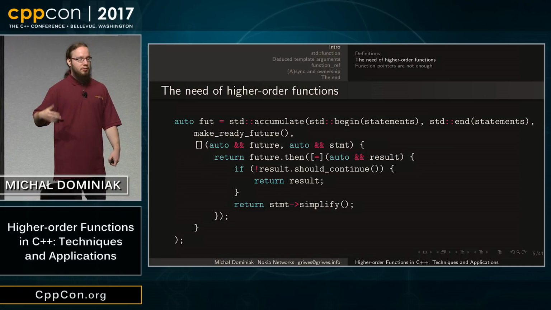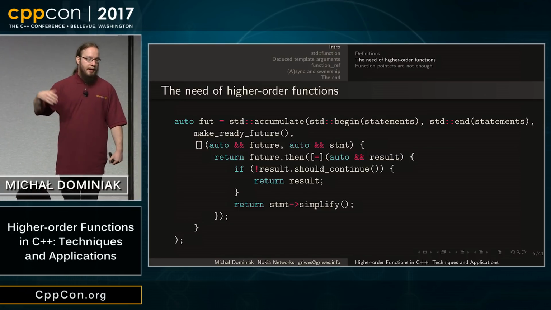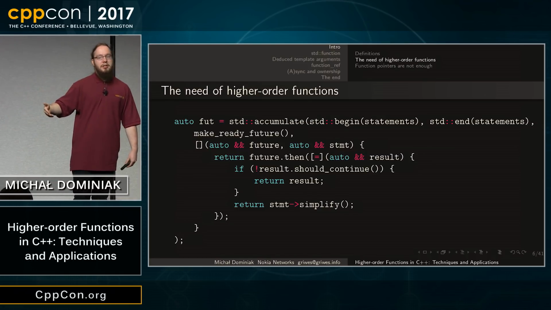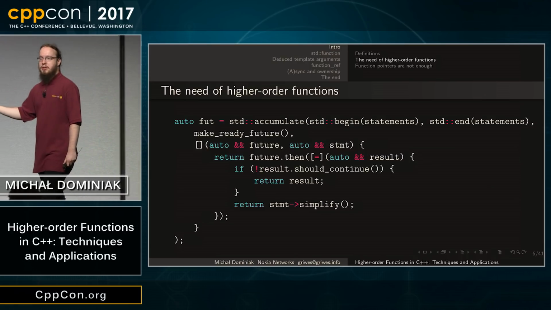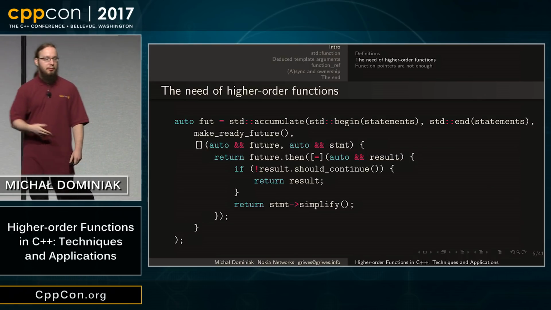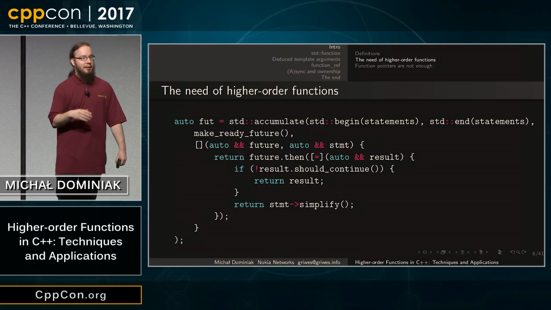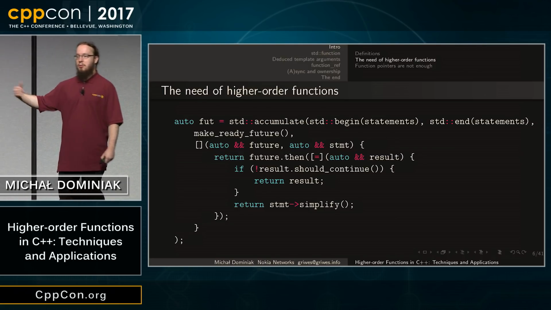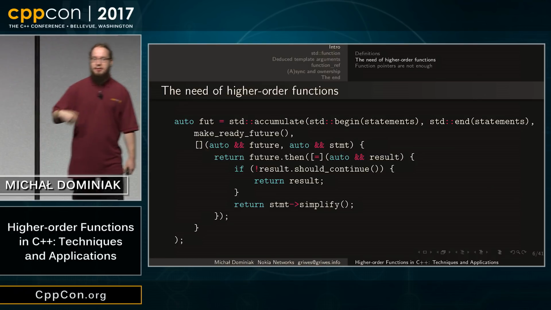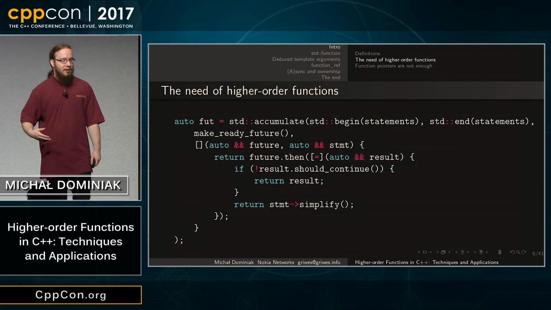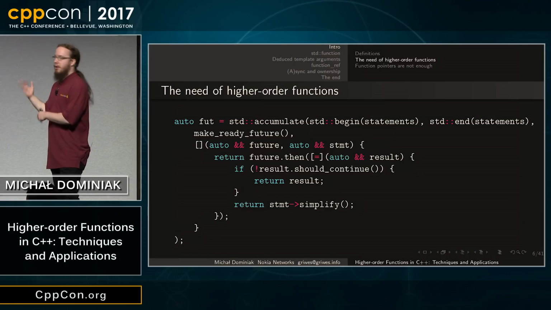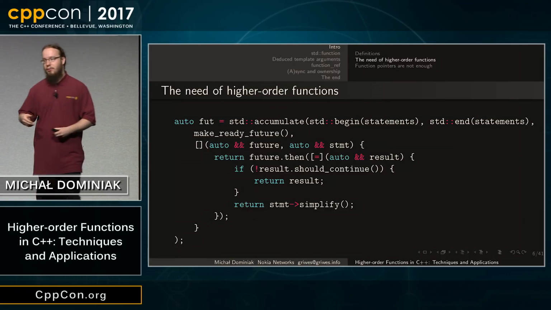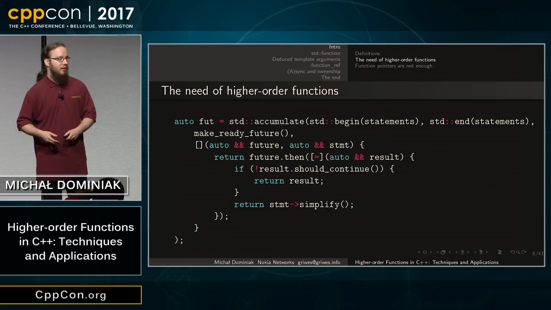Goes through statements in a function, and once it reaches, the idea is that once it reaches one that always returns, so either a return statement or a throw statement, something like this, it just doesn't do work anymore. Otherwise, it continues and optimizes every other statement. So I don't know how to write this if I couldn't pass functions into other functions.